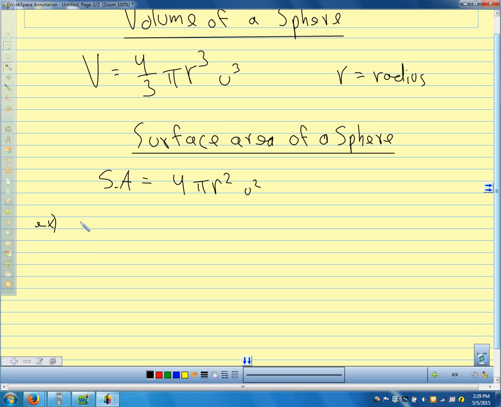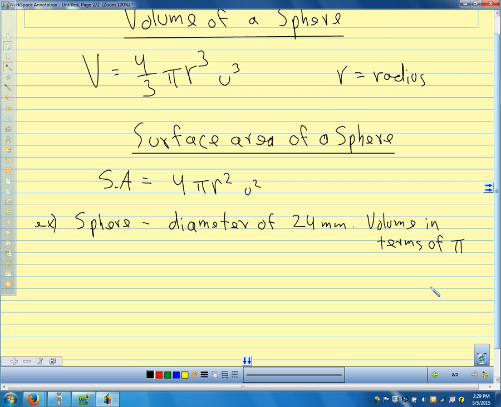Let's say our sphere has a diameter of 24 millimeters. We want to find the volume in terms of pi.